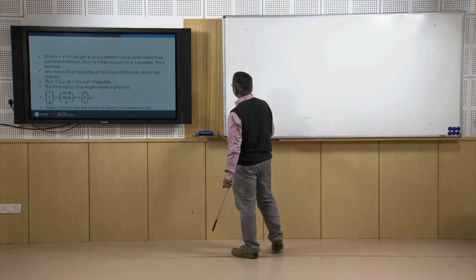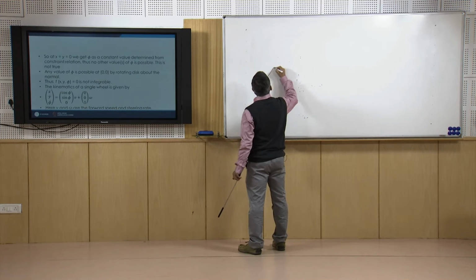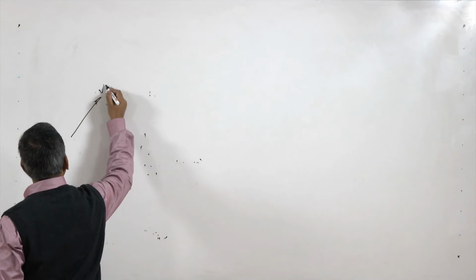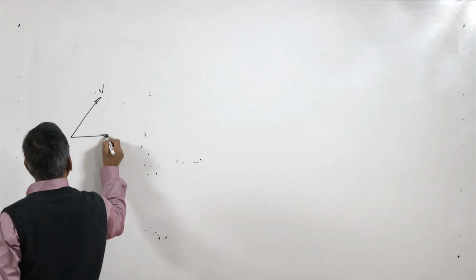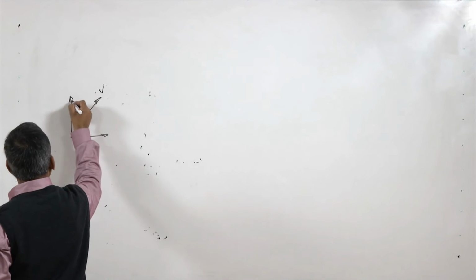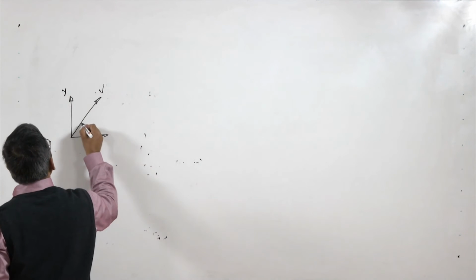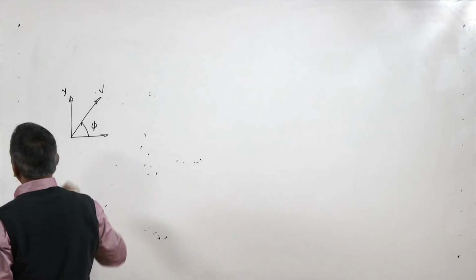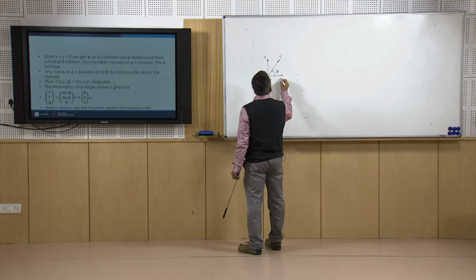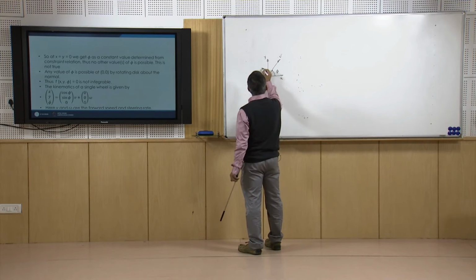So, suppose we have the tangential velocity of the wheel, this is v, and say this is my x direction and this is my y direction, okay, and say this angle is phi, then we know what my x dot and y dot are.